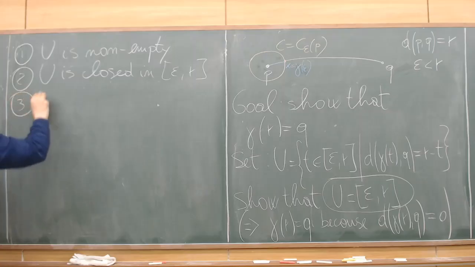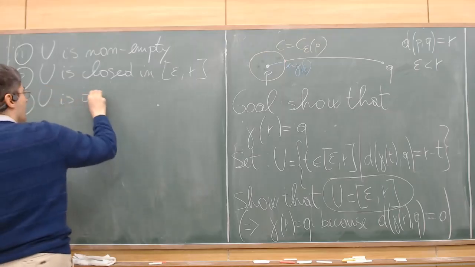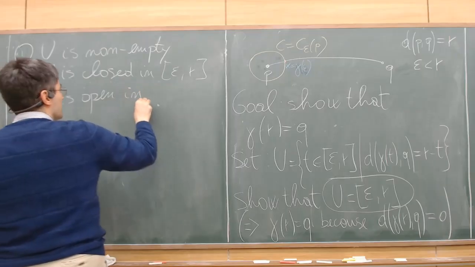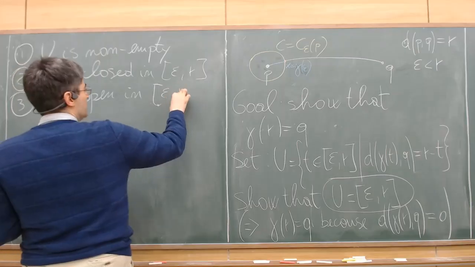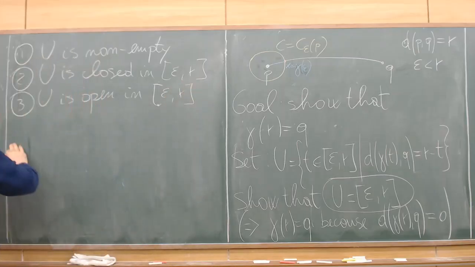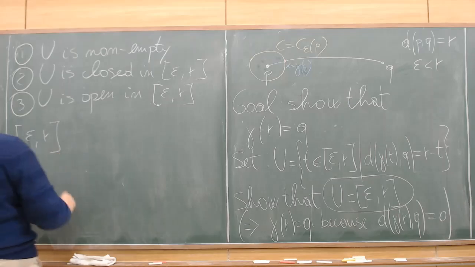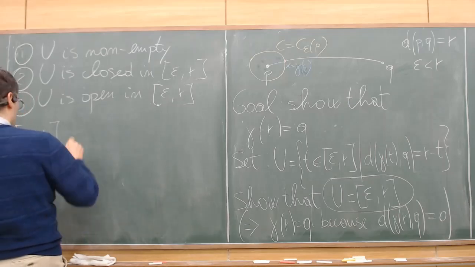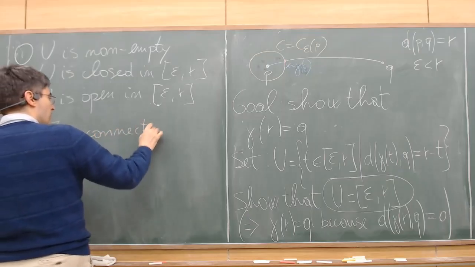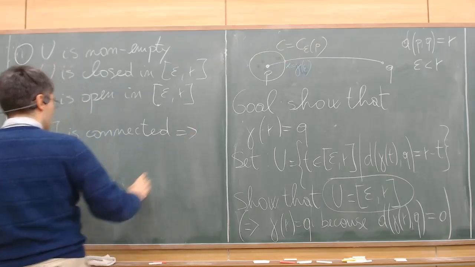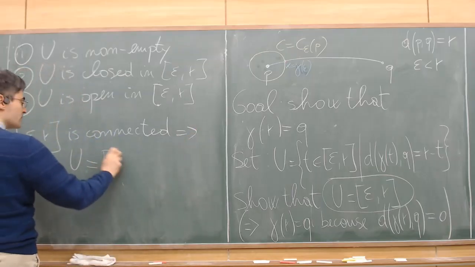Three, U is open in [epsilon, r], and using the fact that [epsilon, r] is connected, then we have that U is equal to [epsilon, r].